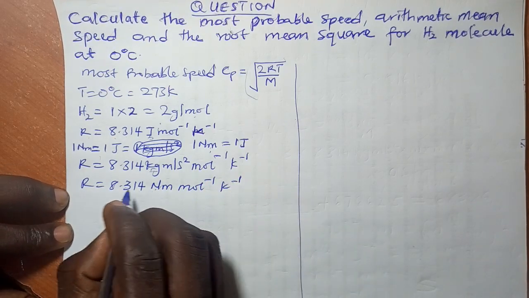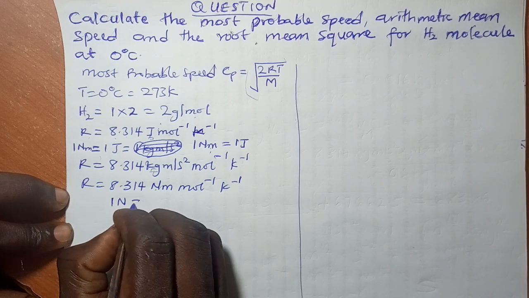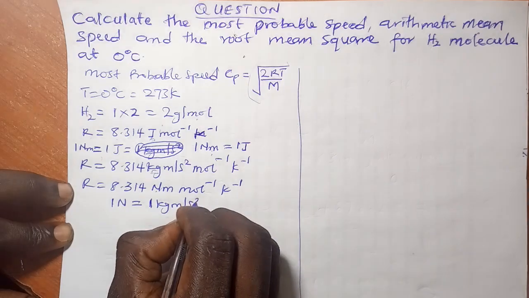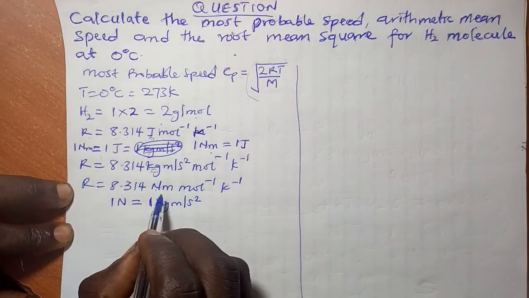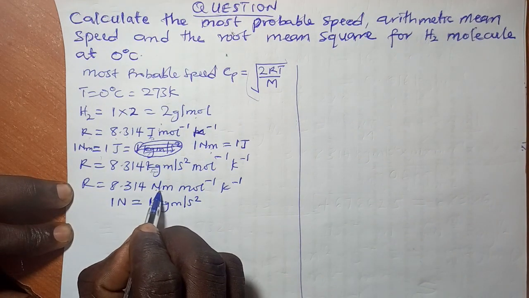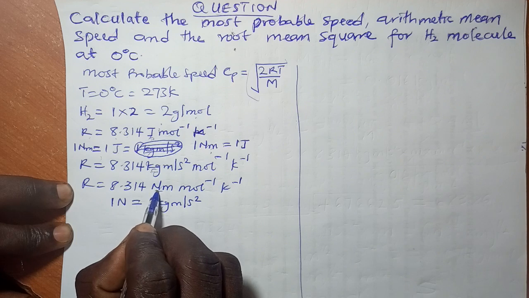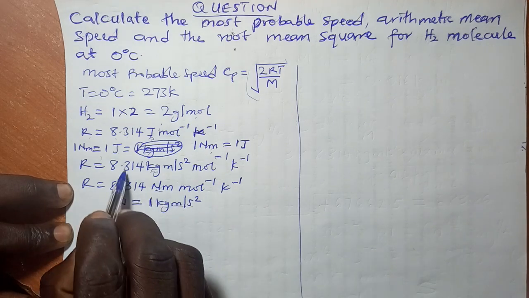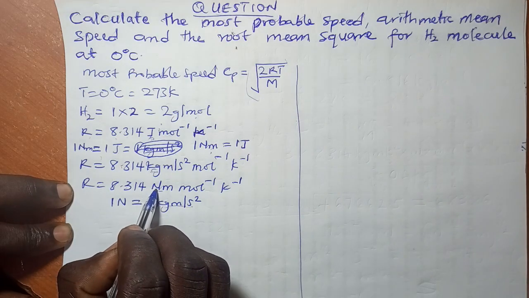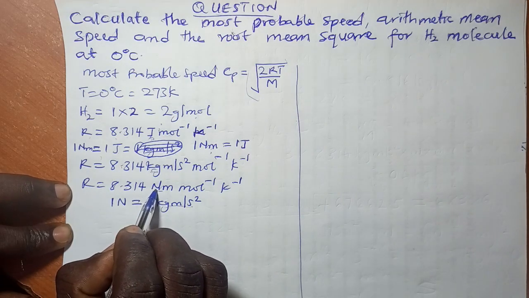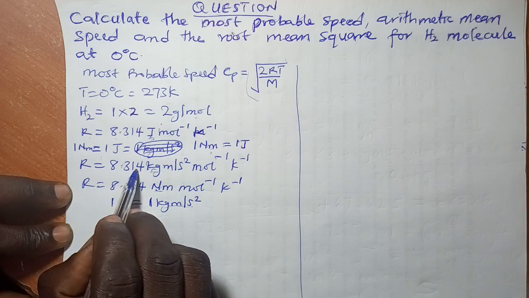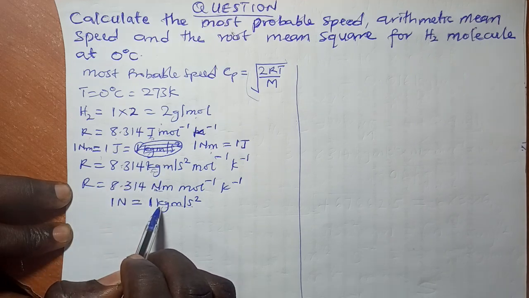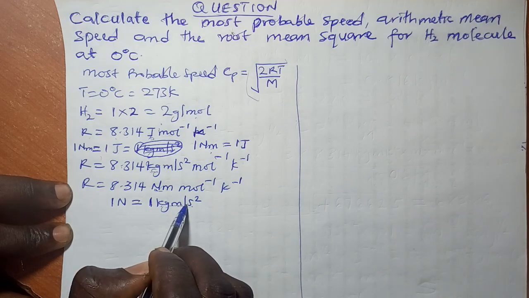And you know that 1 Newton is equal to what now? 1 kilogram meter per second squared. So in the place of this Newton, I can put this unit. In the place of this Newton, I say 8.314. This is Newton. In place of this, what am I putting? Kilogram meter per second squared.